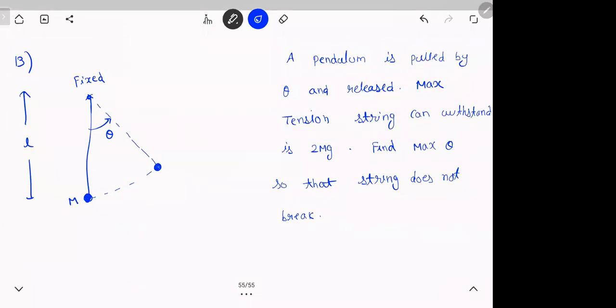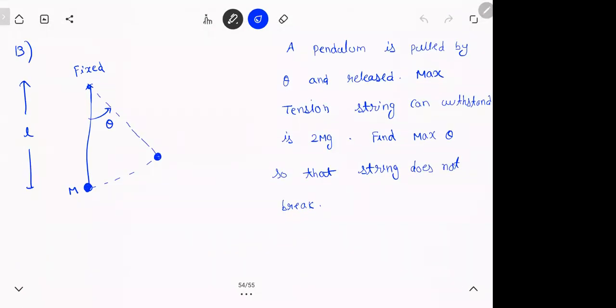See, first thing you need to understand, what is the most dangerous point here? The tension is maximum at the lowest position. Why? Because the speed is maximum.